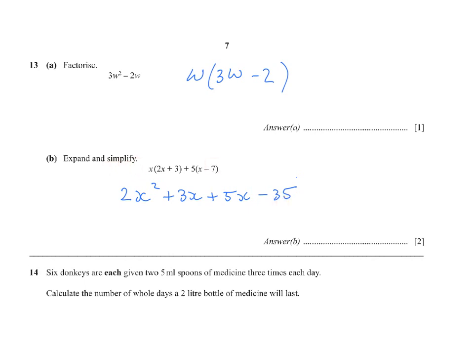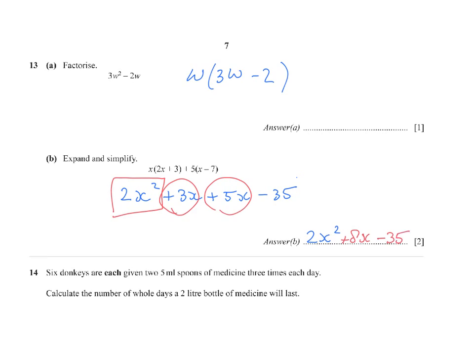Simplify means combine the like terms. Now, I only have one term in x squared, so I can already say 2x squared. And then I have two terms in x, 3x plus 5x, so that is going to be 8x, so plus 8x, minus 35. Good.